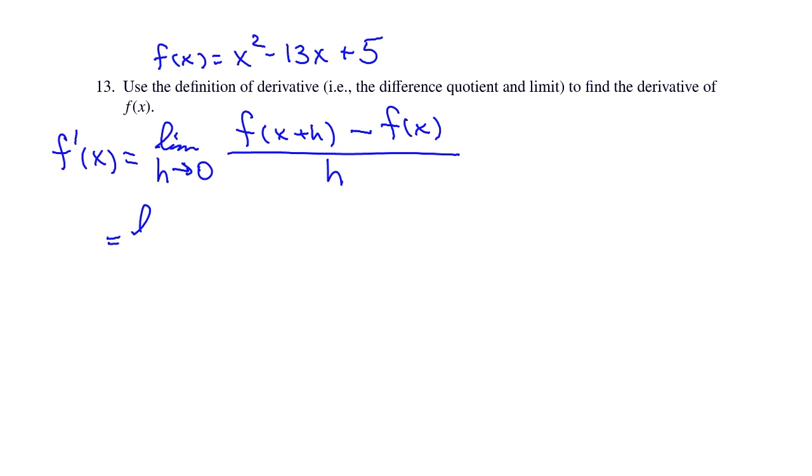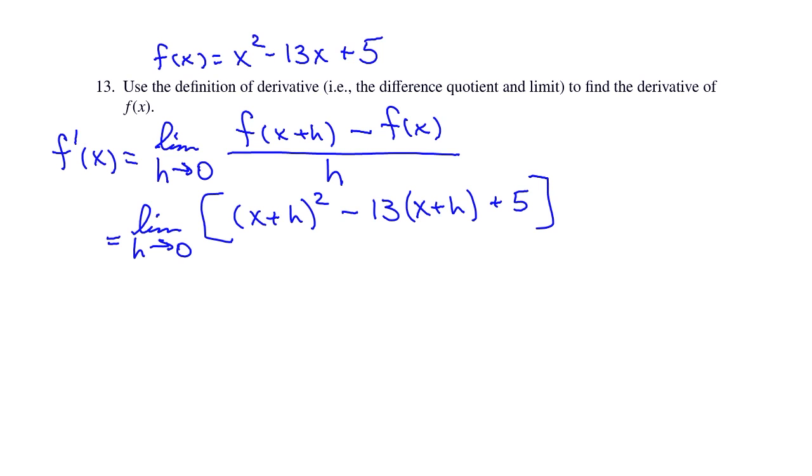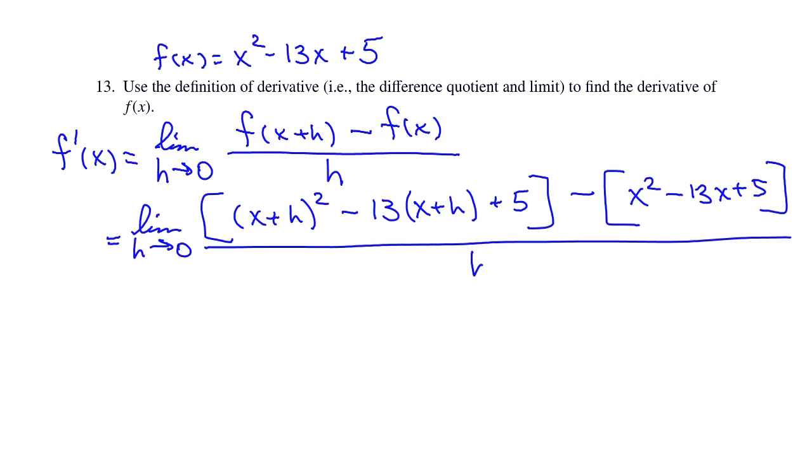I'm going to fill that in with our function information. So that's going to be x plus h squared minus 13 times x plus h plus 5, minus x squared minus 13x plus 5, over h.